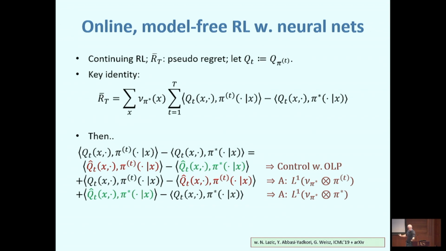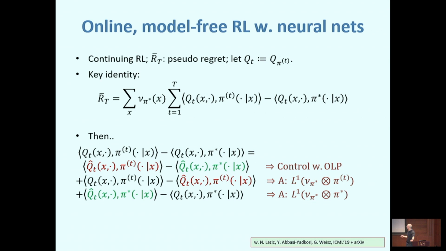It's an identity. You can prove that it's just Bellman's equation after a few algebraic steps. We can talk about it. It's called the performance difference lemma. It's not super intuitive, but this is how it is.